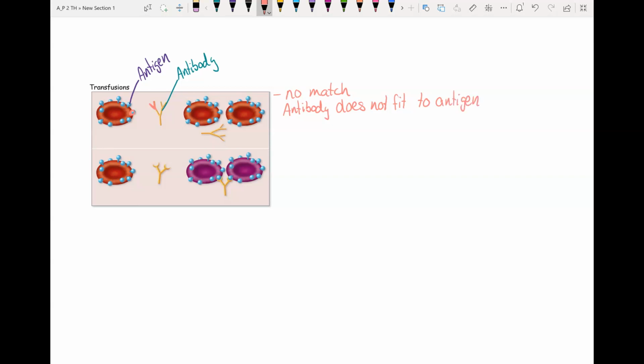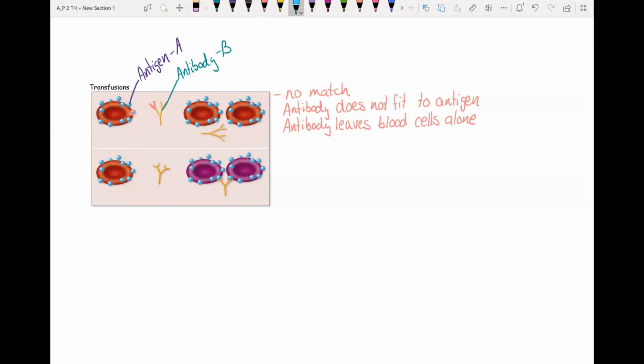So the antibody leaves the blood cells alone. So we could say that this is an A antigen and that the antibody is a B antibody. They don't fit together, so they leave each other alone and everything's fine. That's what you want. You want your antibodies leaving your cells alone.